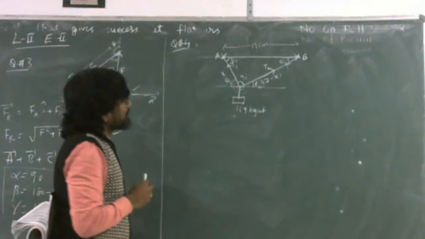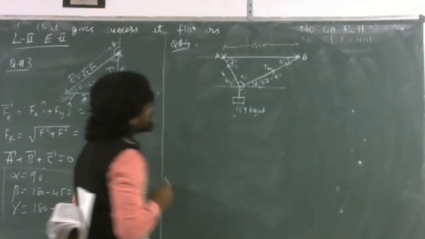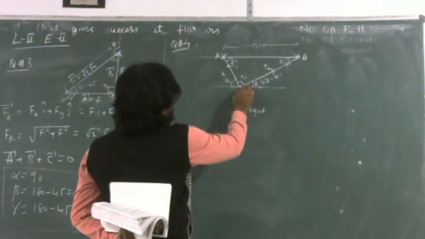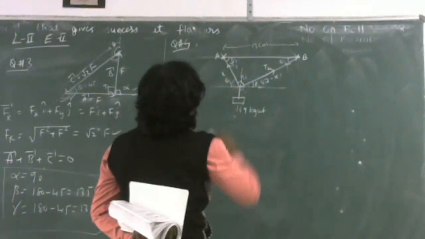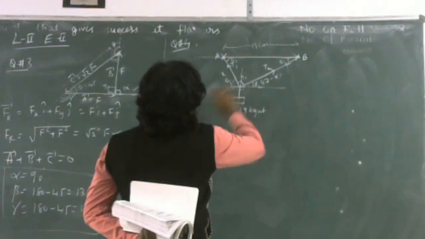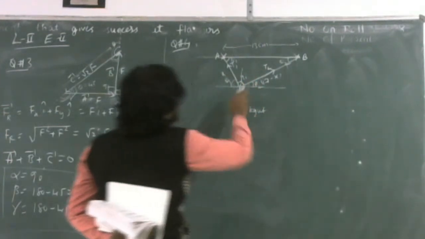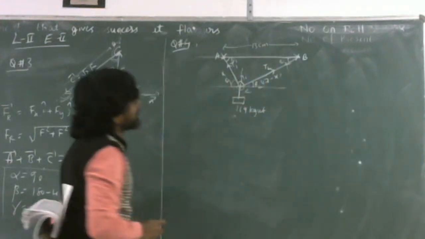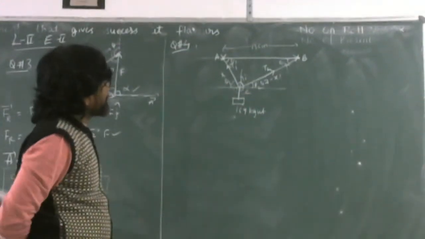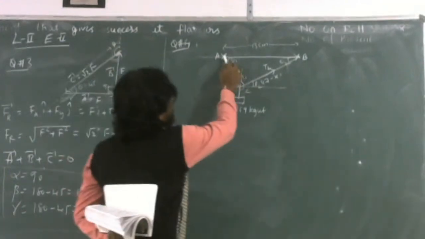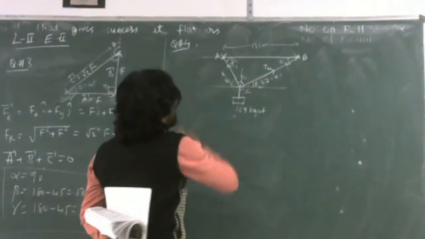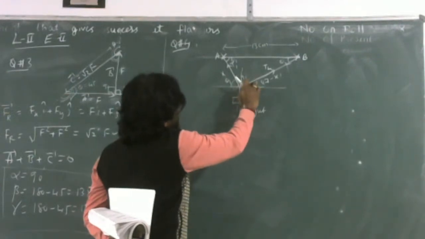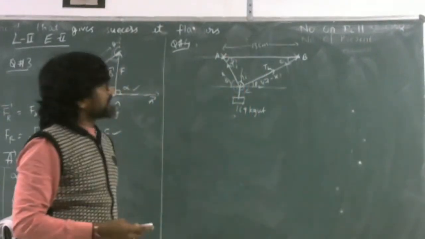So now let us try to simplify this. Let us say this is 90. Let us consider A, B, and this point is C, a right angle triangle. This is 13 and this is x. Can you find x using this right angle triangle and one of the sides?